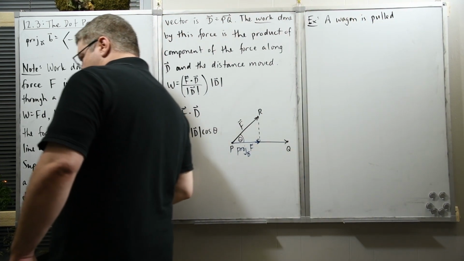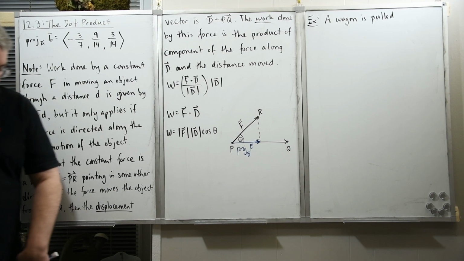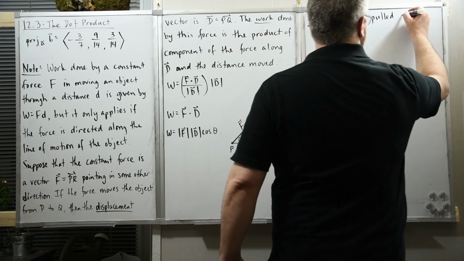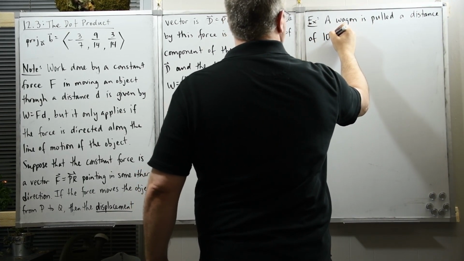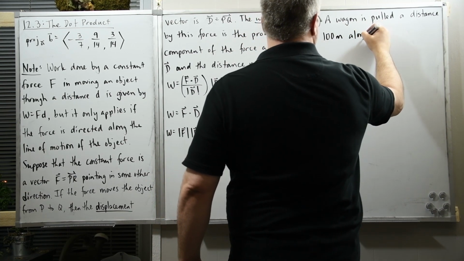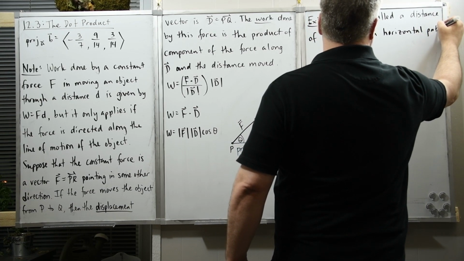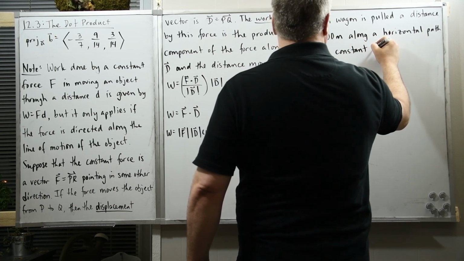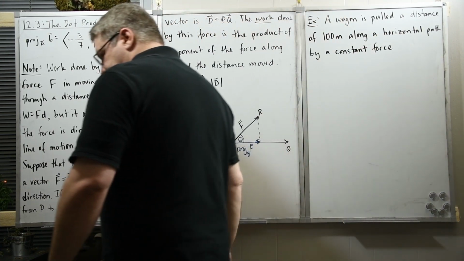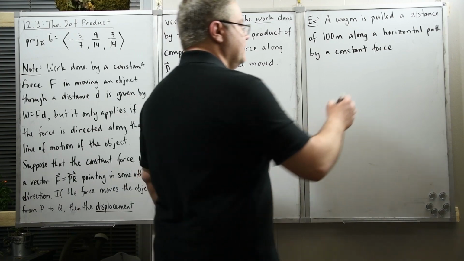So in this first example, we have a wagon that's pulled a distance of 100 meters along a horizontal path by a constant force. And that force is a 70 Newton force.